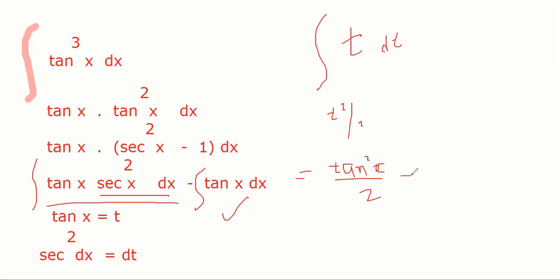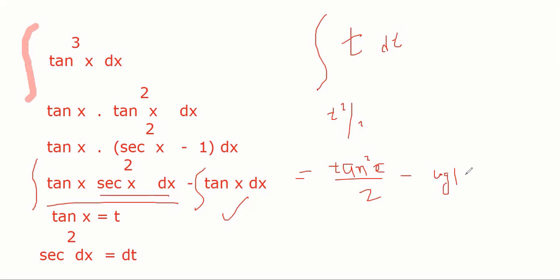And minus, what is the integration of tan x? That you know already, because we did sine by cos last time, right? What is the integration of tan x, guys? Do you remember? Log of sec x plus c.